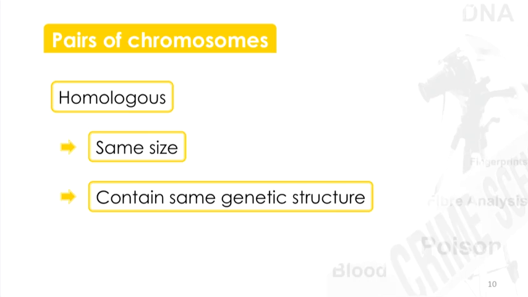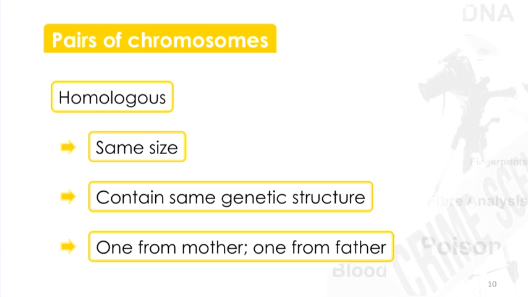Now, an important point that we'll come back to later in the lecture is that some of this is inherited from the mother, and some of it is inherited from the father. And this will be important later on in the lecture.